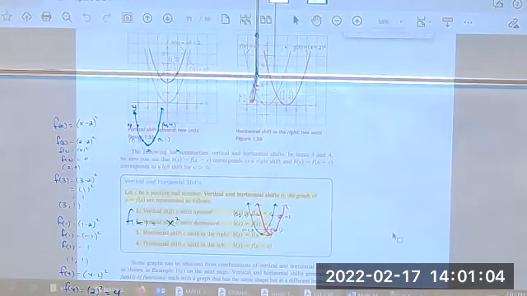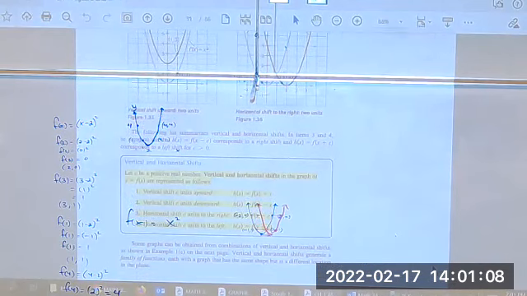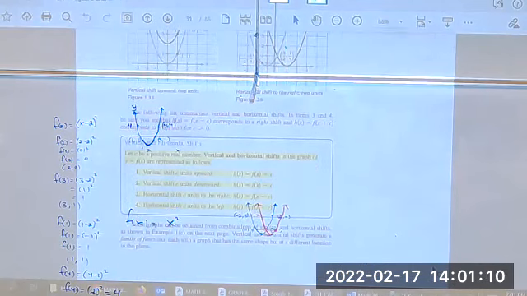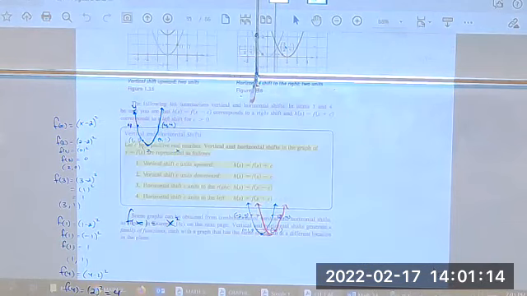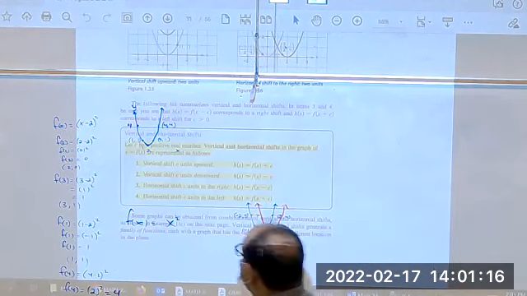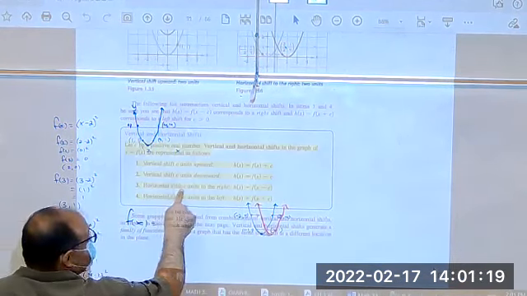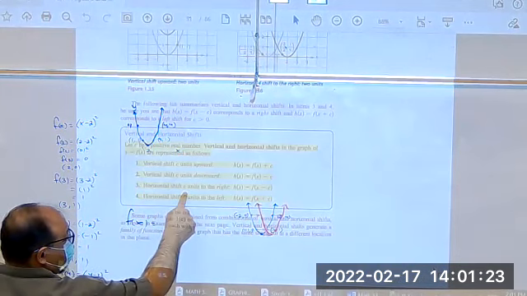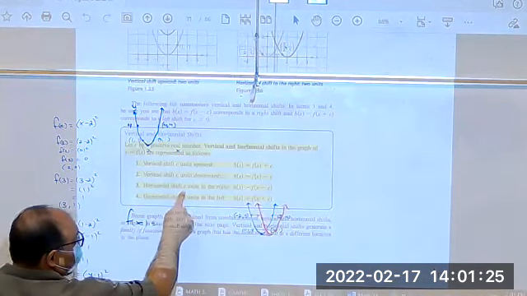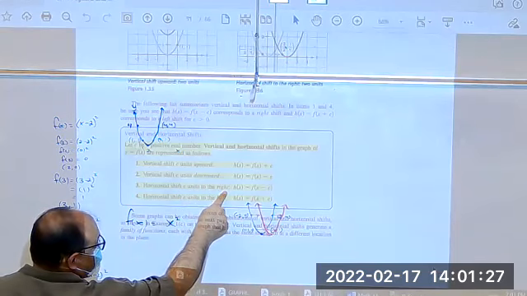Move it up so it's not in the way. And I'm doing the horizontal before the verticals. A horizontal shift, c units, and they're using c instead of h. I'm going to get to that in a minute. The horizontal shift, c units to the right.